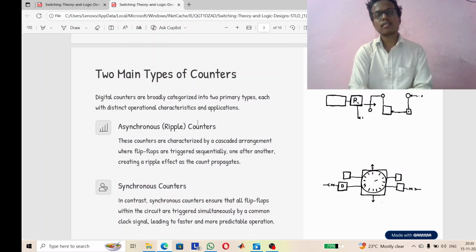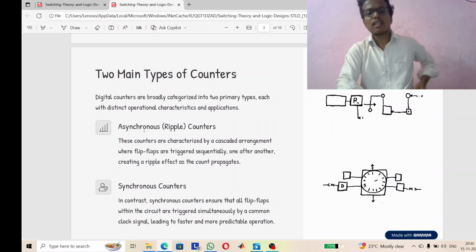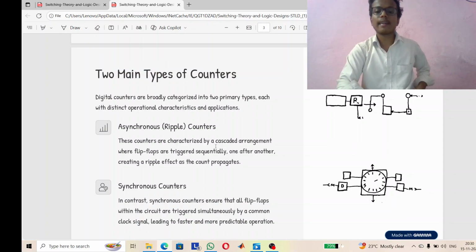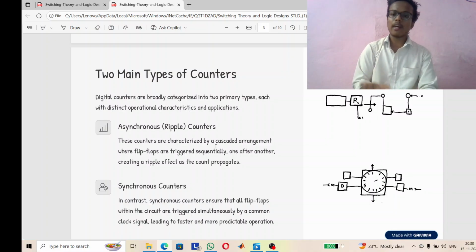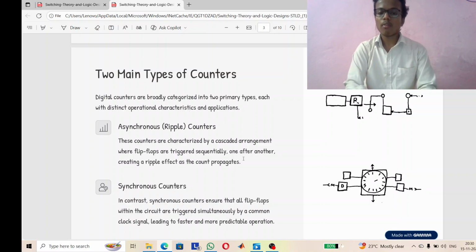The asynchronous counters are also known as ripple counters. These counters are characterized by a cascade arrangement where flip-flops are triggered sequentially. Sequentially means one after another, creating a ripple effect as the count propagates.